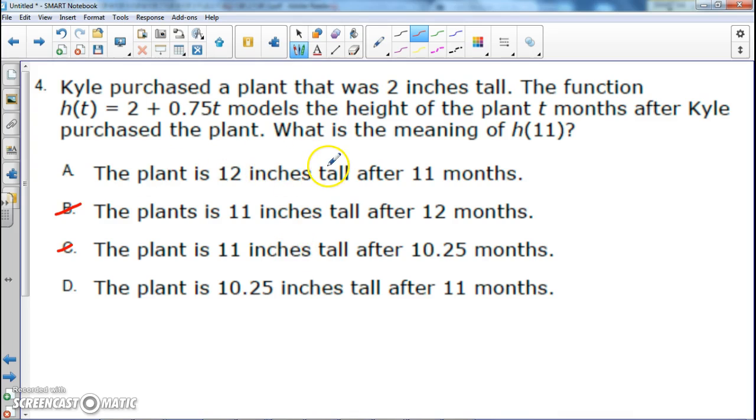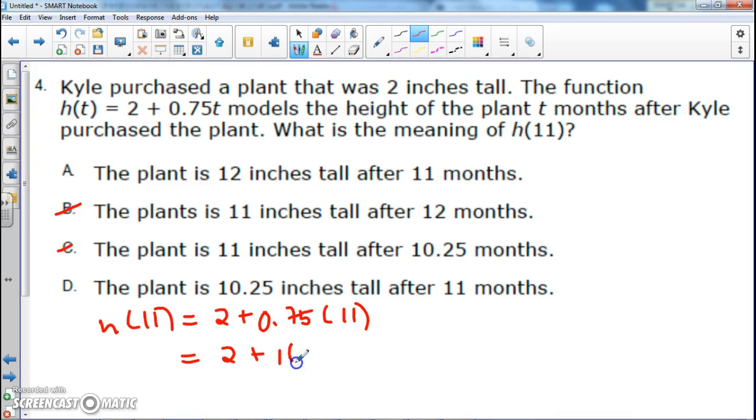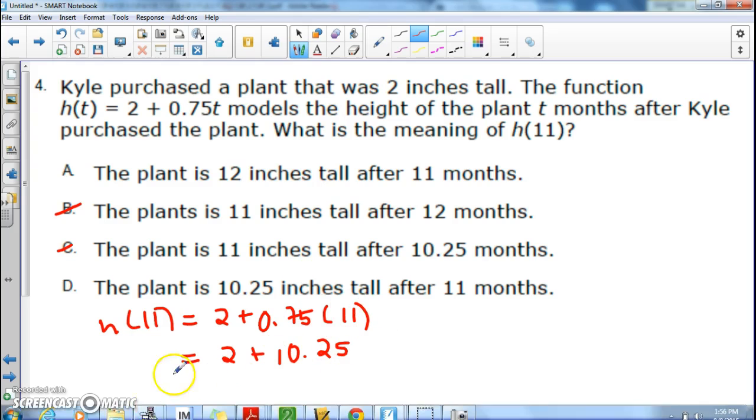Alright, so now we have to choose between A or D, and we have to evaluate the function to pick the correct answer. So h of 11, because we're plugging in 11 for t, equals 2 plus 0.75 times 11. Alright, so 0.75 times 11 is, I'm sorry, 8.25.